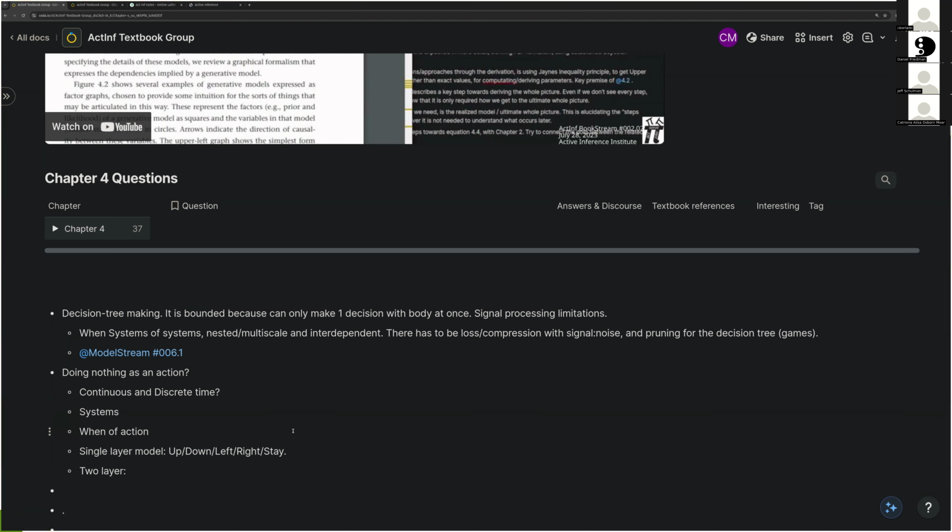Another approach would be higher level, stay or move, and then lower level, up, down, left, right. So either of those could be used.